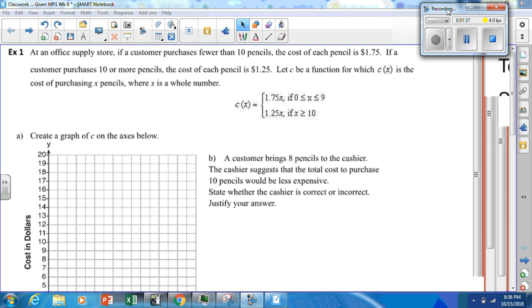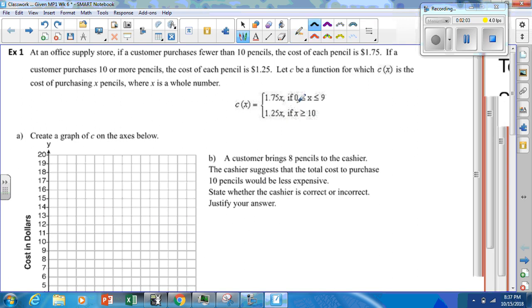However, if the customer purchased 10 or more pencils, the cost of each pencil is $1.25. Let C be the function C of X, the cost of purchasing X number of pencils, where X is a whole number.